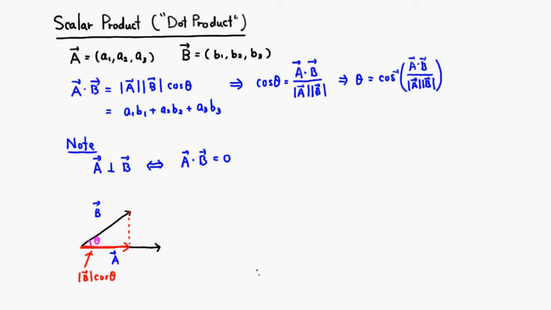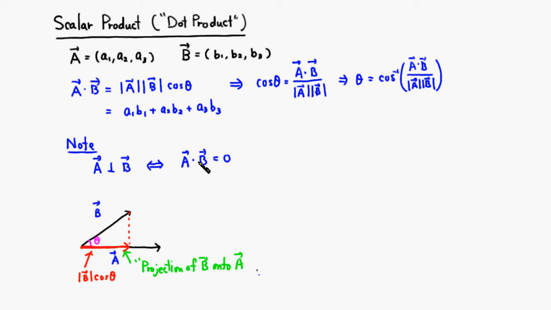Right? So this guy is the projection of vector B onto vector A. Right?